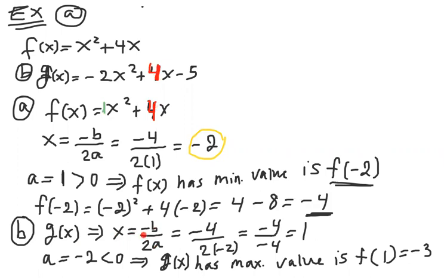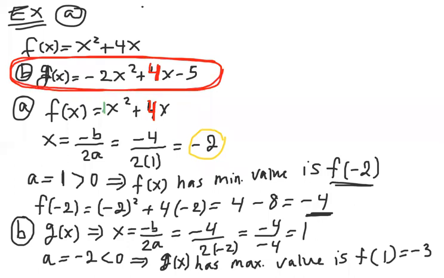But because the formula is minus b, so minus 4 over 2 times a. What is the value for a? It's minus 2. So minus 4 over minus 4 equals 1.